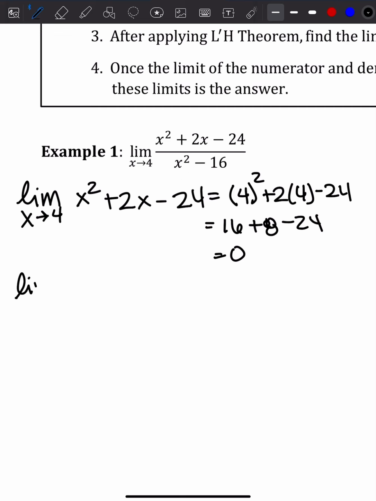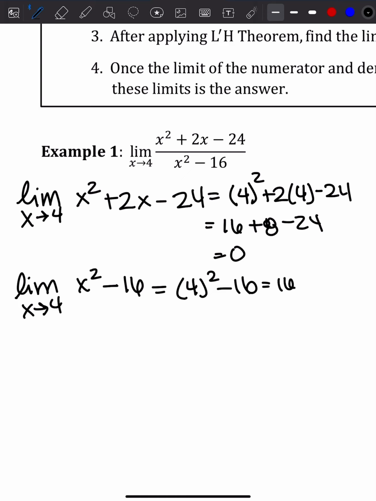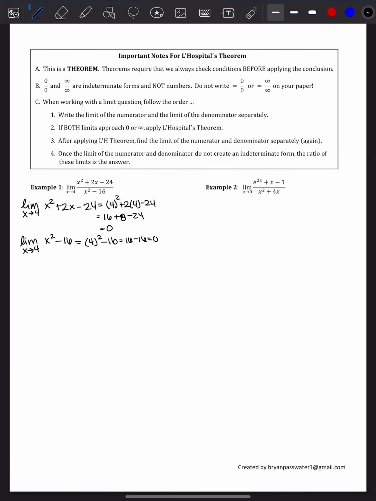And we have the bottom. The limit as x approaches 4 of x squared minus 16. Okay, I have now shown the limit of the top and the limit of the bottom both go to 0, so I can apply L'Hopital's rule.